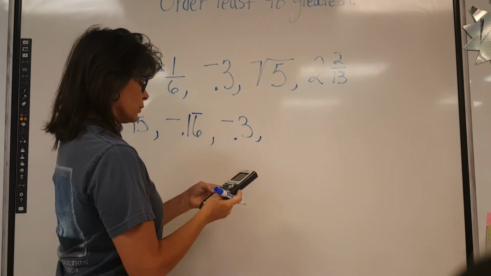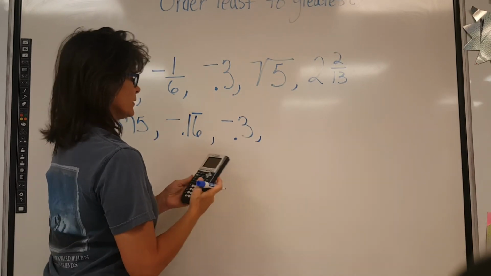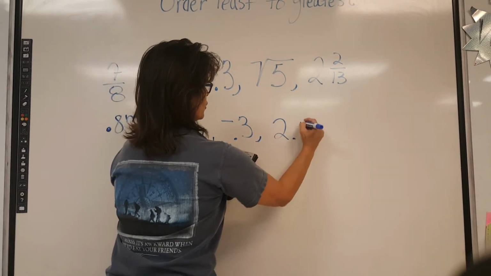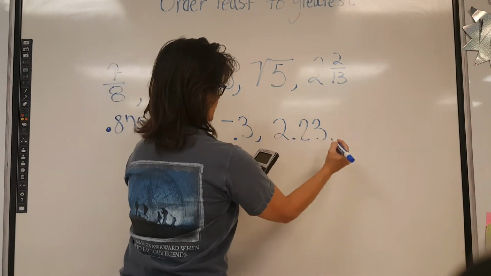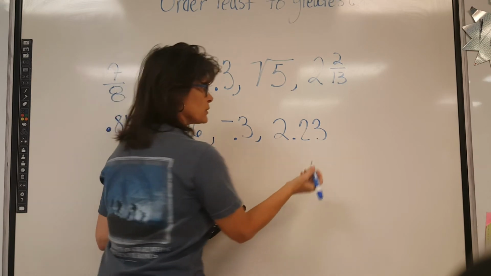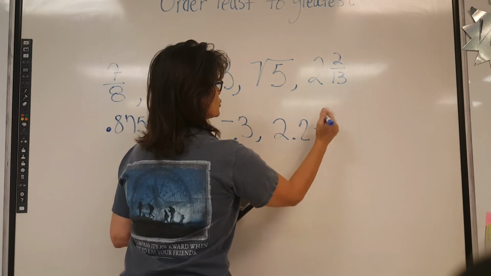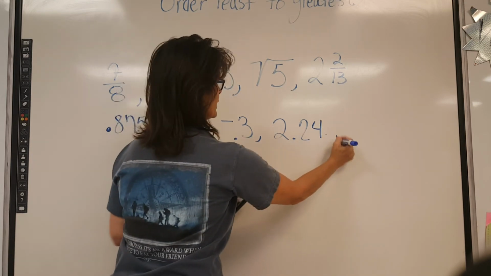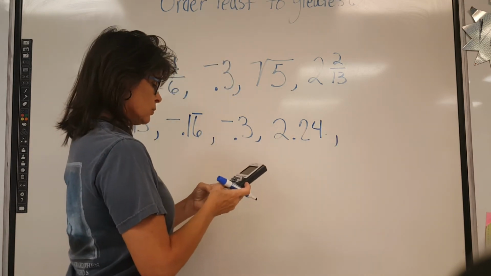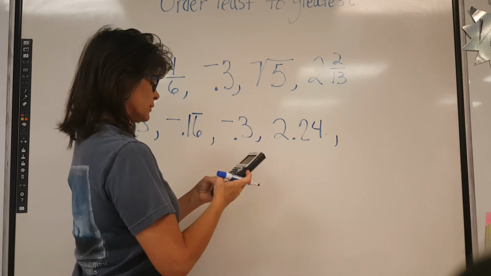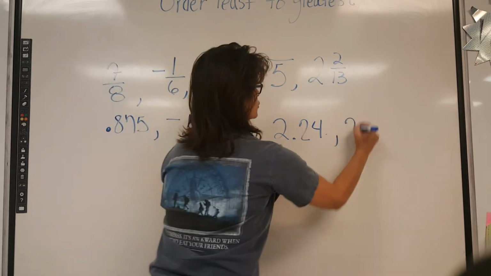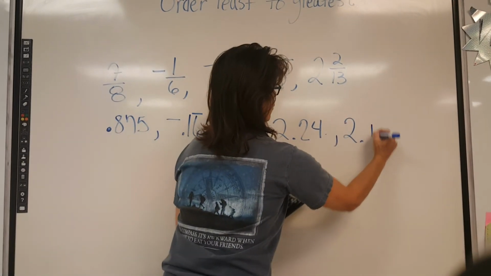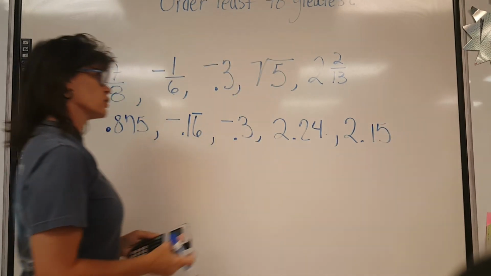The square root of 5, which is 2.23, and I can round it. It will actually be 2.24 if I round to the hundredths place. And 2 divided by 13 plus 2, 2.15 rounded to the hundredths place.